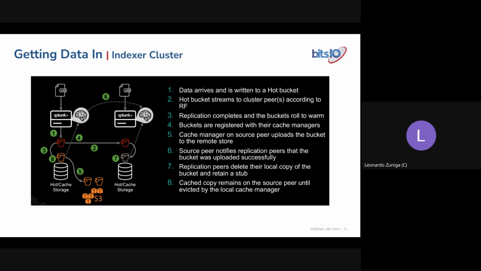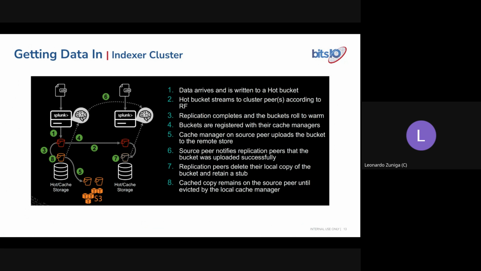When we get data in on an indexer cluster where Smart Store is enabled, the process will be like this. The hot bucket is just the same as usual. Data arrives to the Splunk deployment, the bucket receives new events, and then the hot bucket streams to the cluster peers depending on their replication factor.